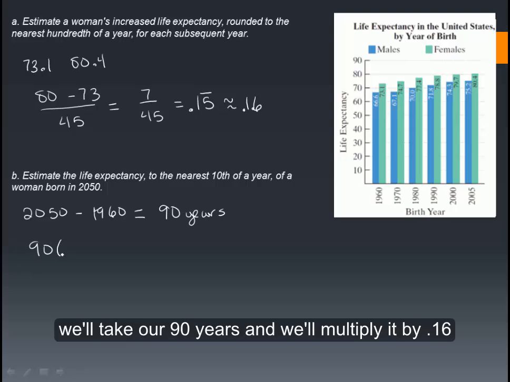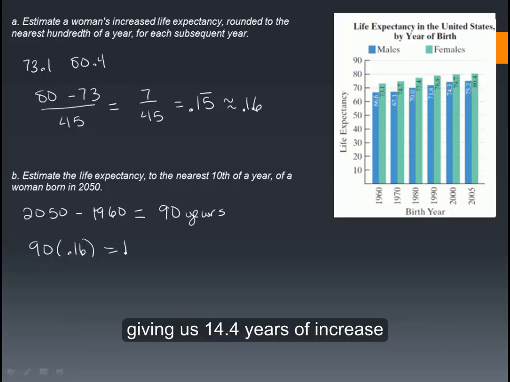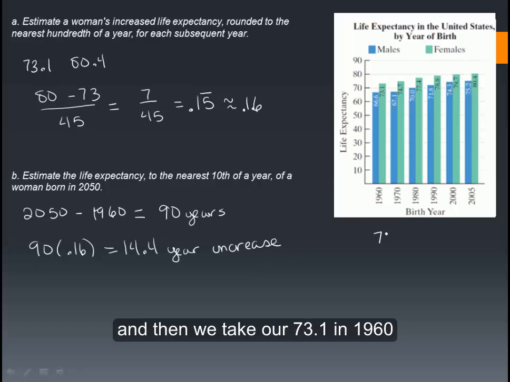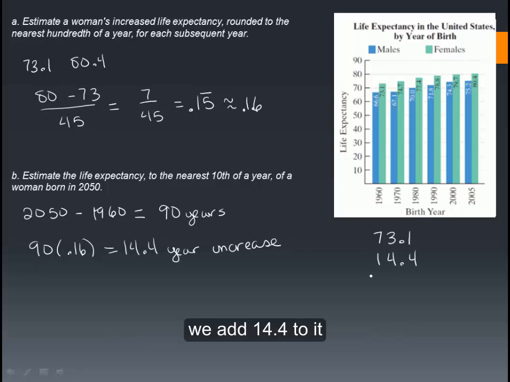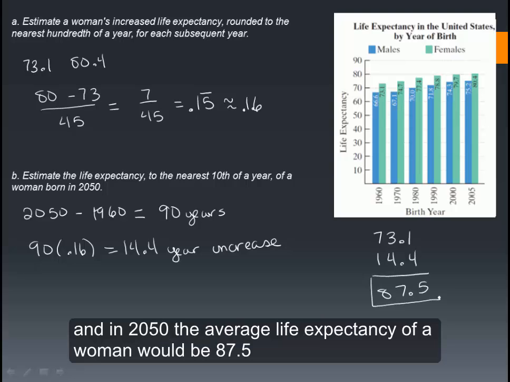We'll take our 90 years and we'll multiply it by 0.16, giving us 14.4 years for increase. And then we take our 73.1 in 1960, we add 14.4 to it, and in 2050, the average life expectancy of a woman would be 87.5.